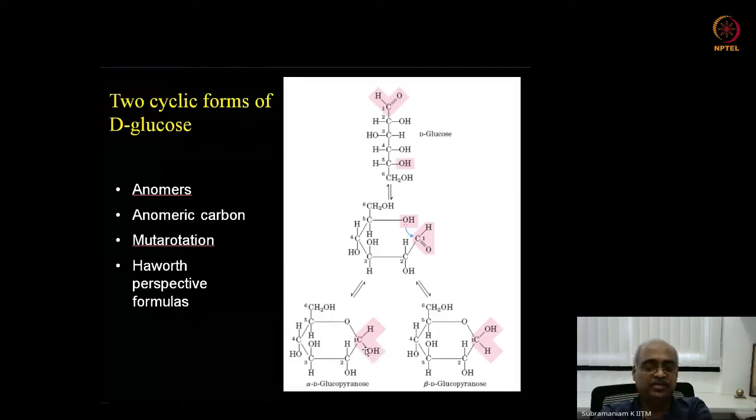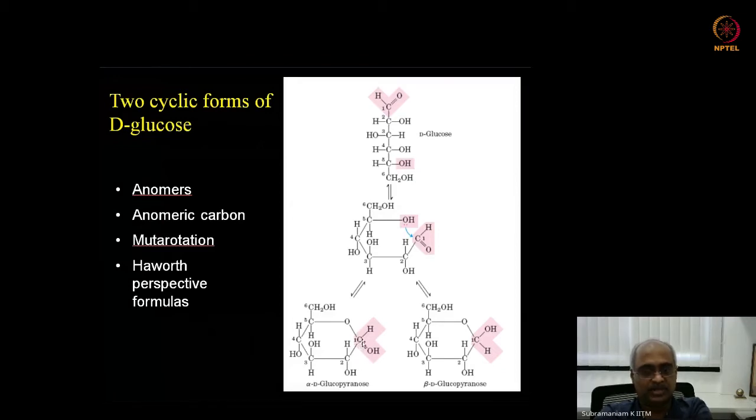An important point to consider here is that when this ring structure forms, you are generating another chiral center. This carbon, in the double bond, is not a chiral carbon, but once the ring forms, it is a chiral carbon. And this carbon is called the anomeric carbon.